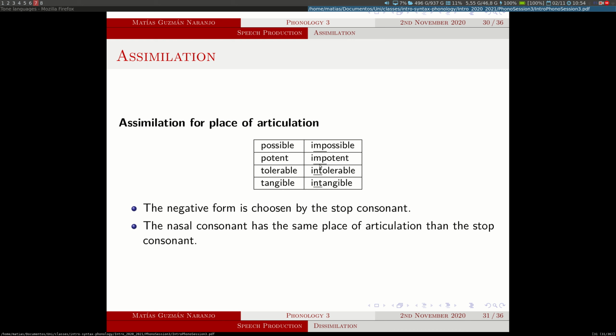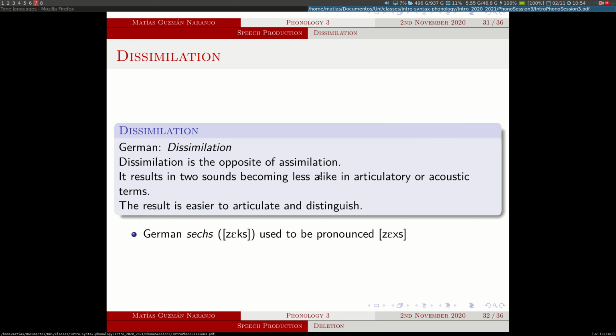But depending on the context of the initial phoneme of the word, it will be either bilabial, "im", or labiodental, "in". And this depends on whether the first consonant of the word that it's attaching to is bilabial or labiodental. So this is a place of articulation assimilation.